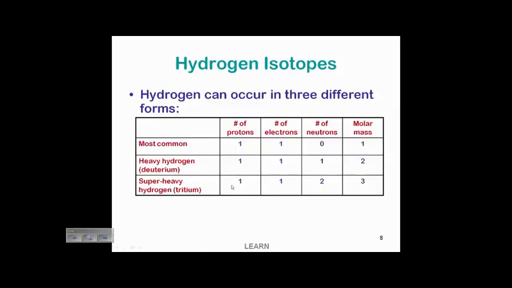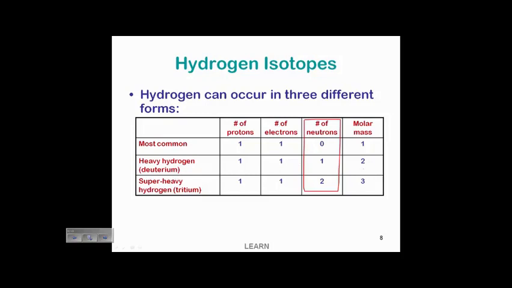Here are some examples with hydrogen. Hydrogen always has 1 proton, always has 1 electron, but sometimes may have different numbers of neutrons, and that's what I'm focusing on in this column here. Most commonly it has 0 neutrons, but some hydrogen, which we call deuterium, has 1 neutron, and tritium has 2 neutrons.